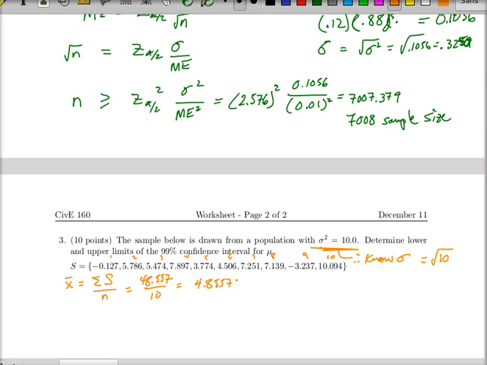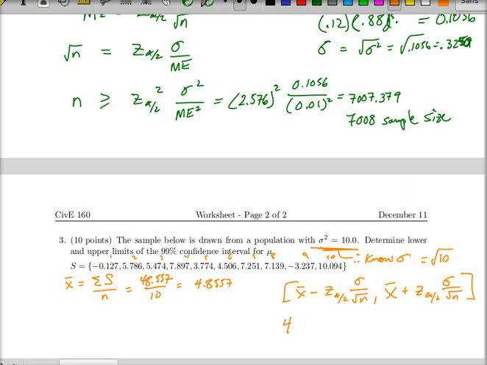We've got the mean, and now we want to look at an interval from x bar minus z alpha over 2 sigma over square root of n to x bar plus z alpha over 2 sigma over square root of n. And n is equal to 10. This is going to be nicely canceling.